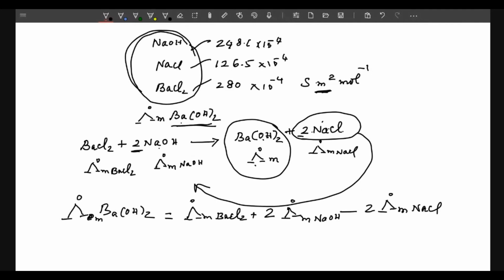Okay. Sir, this is okay. And how to find out equivalent conductance, if at all asked? Here no equivalent conductance is asked, but if it is asked, how do we find it? Yes, it is easy to find. For a 1:1 stoichiometry electrolyte, the equivalent conductance is the molar conductance divided by how much?